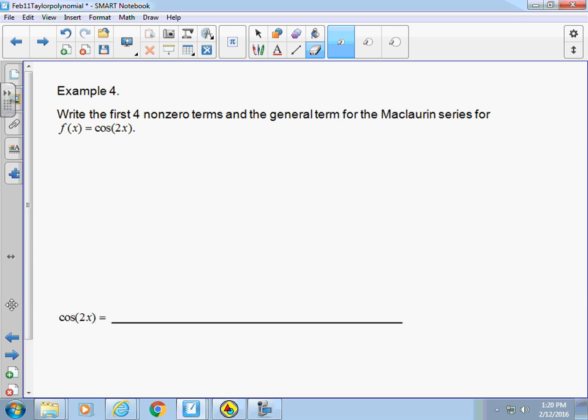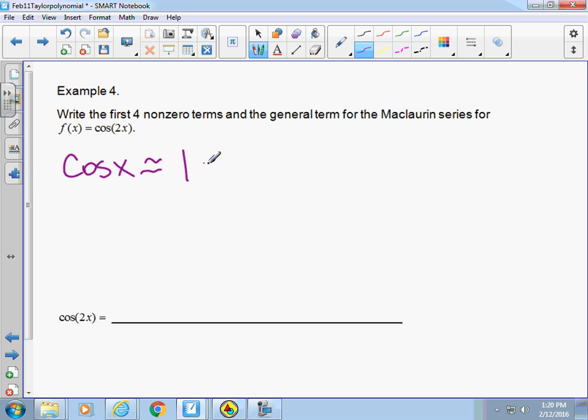That cosine is 1 minus x squared over 2 factorial. Why does it switch positive to negative every time? Because the derivative of sine and cosine every other time is going to change signs, because the derivative of cosine is negative sine. So it makes perfect sense. So the first thing I'm going to do is write the expansion of just plain cosine of x, just for reference.